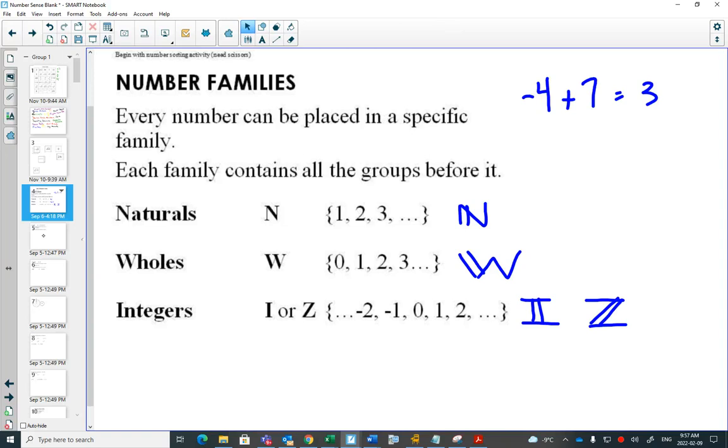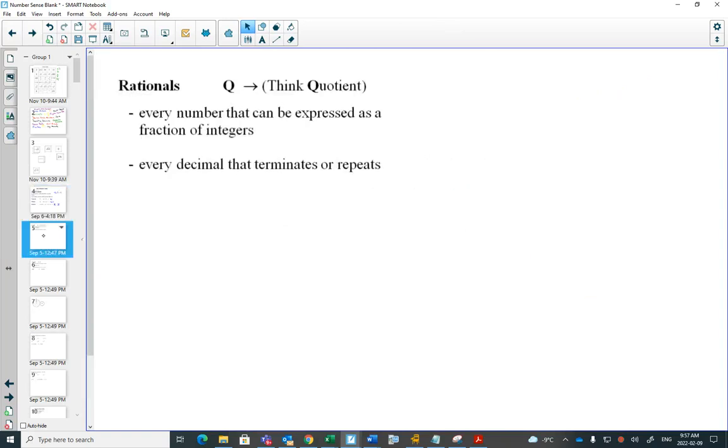Okay, next family. The rational numbers. So cool. I like these symbols. Now, the rational numbers are every number that can be expressed as a fraction of integers.